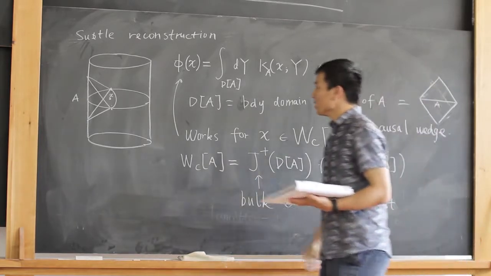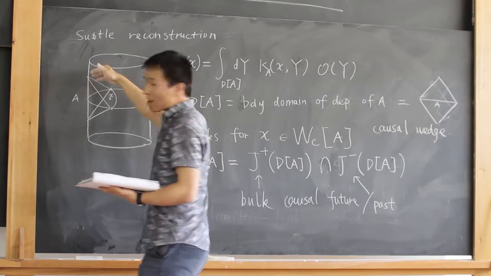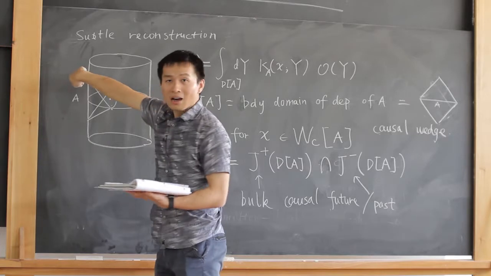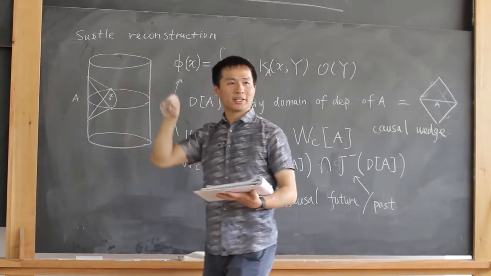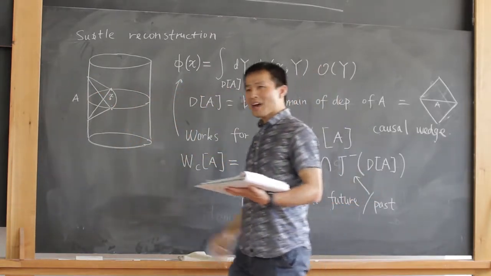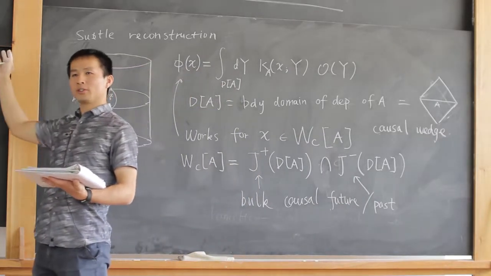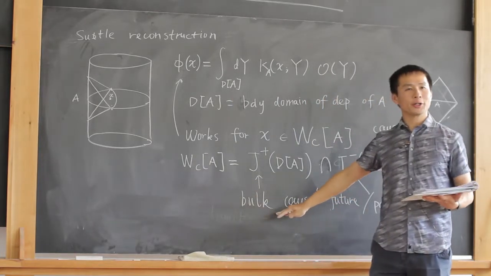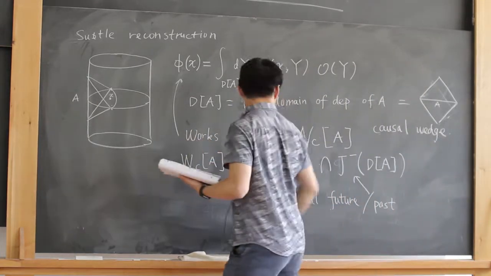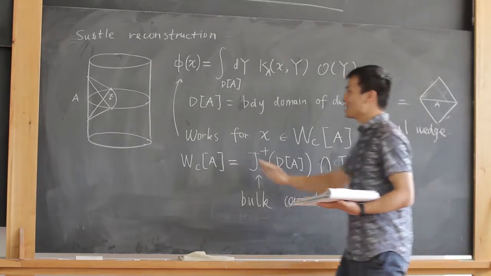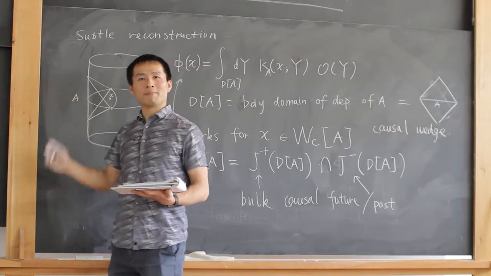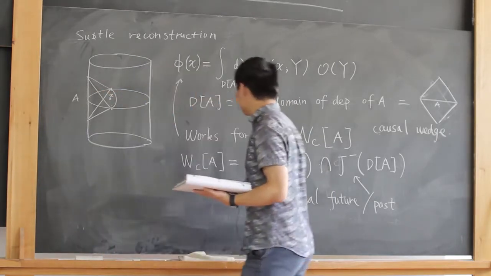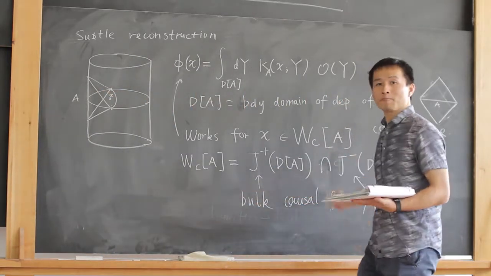What that means is, there is a boundary diamond, and if we turn around and look at a picture from the left, we will see a diamond. From that diamond, we can look at all the points to the future of that diamond in the bulk, and that defines the bulk causal future. And we can also define, similarly, a bulk causal past by looking at what points can be connected to this causal diamond by a causal curve in the bulk, and we take the intersection.